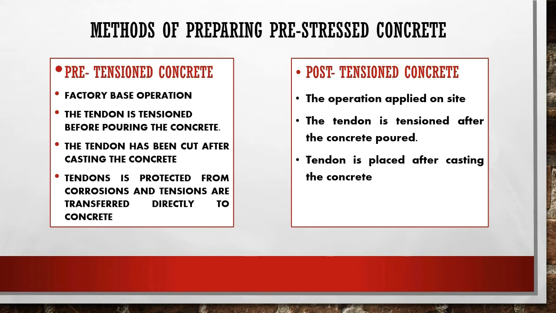The tendon is cut after casting the concrete and the tendon is protected from corrosion and tension is transferred directly to concrete. For post-tension concrete, the operation is applied on site. The tendon is tensioned after the concrete pour and the tendon is placed after casting the concrete.